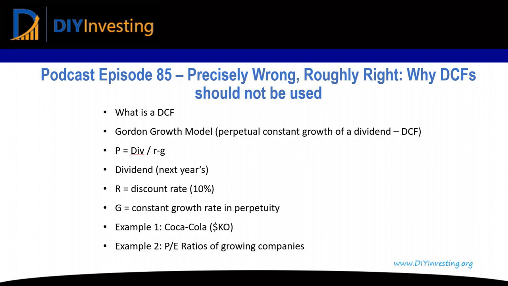Now, on the surface, the $120 estimate seems like it's a lot more useful because if the company's trading at $100 per share, then you can say, oh, well, I know it's worth 20% more than it is today. But the problem is the underlying assumptions that you used might have an error range from $80 to $150.